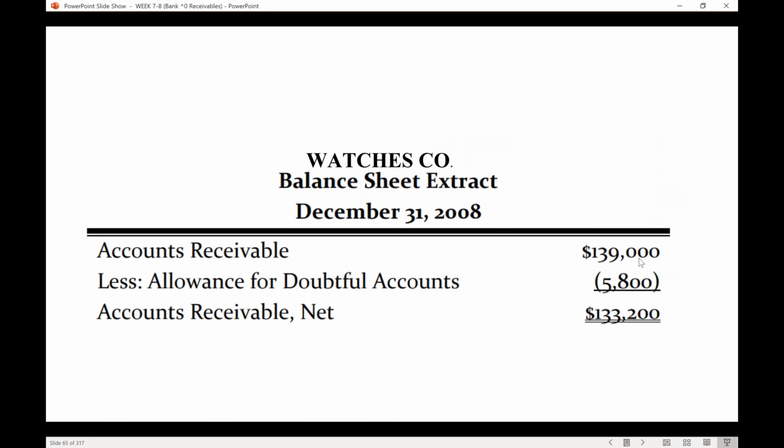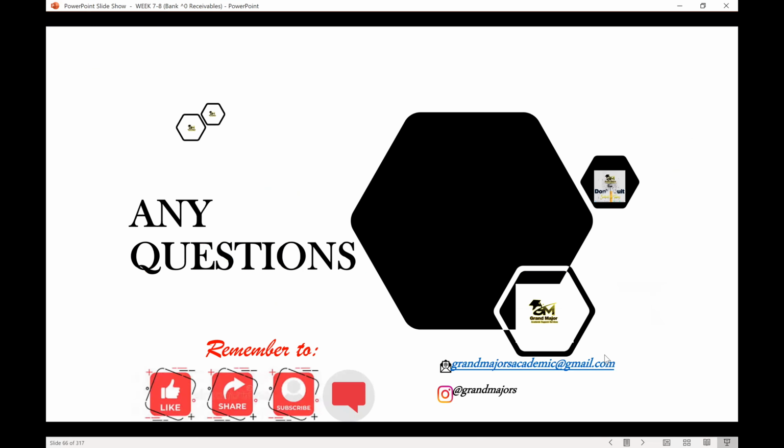And there, after subtraction, we'd have gotten our net receivables figure. So this is what your balance sheet extract should look like, should show what your accounts receivable should be reported as: 133,200, because we made a provision and we're saying, okay, this is what we're estimating that won't be collected. So the true value of our accounts receivable should be about 133,200. So that's the end of our question for today.